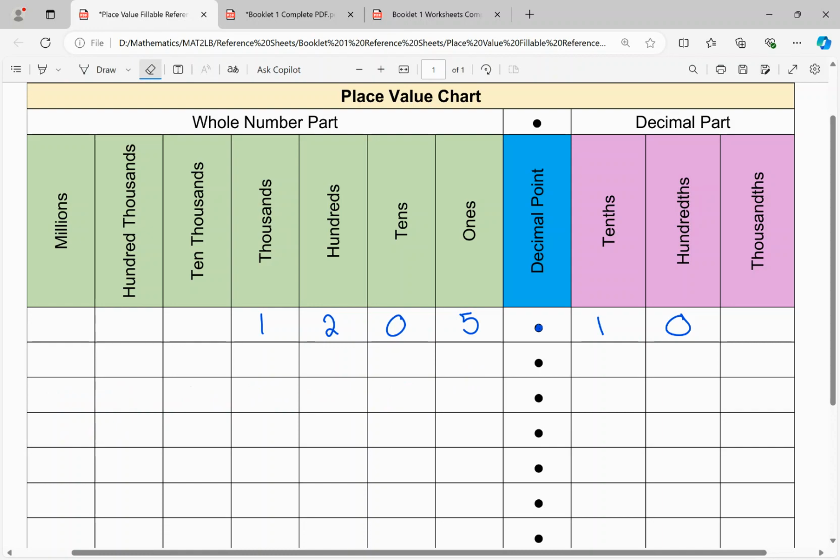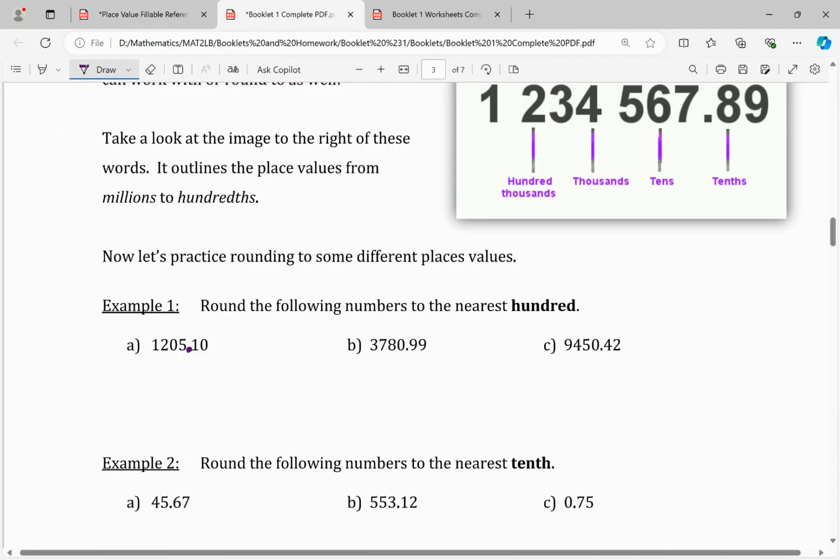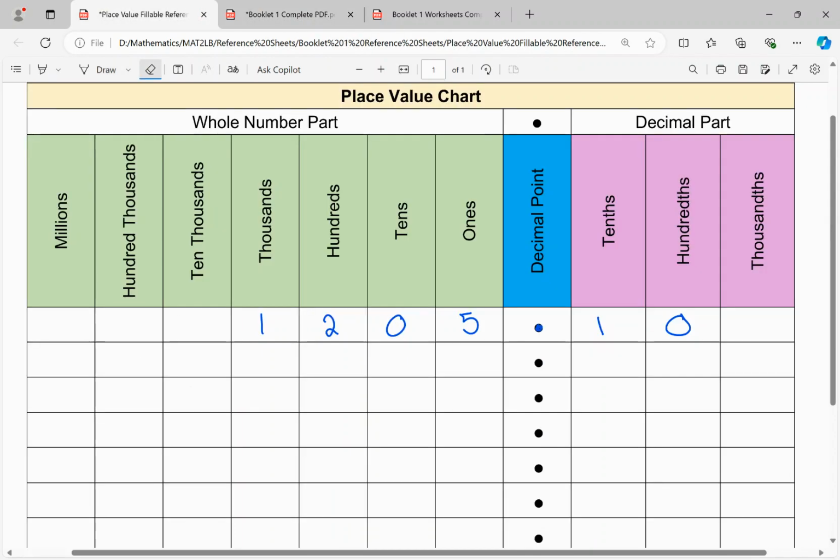Let's continue. The question asks us to take 1,205.10 and round it to the nearest hundred. So the first thing that we need to ask ourselves is what digit is in the hundreds place? So we're going to look at our help sheet and we can see here that hundreds is this guy right here.